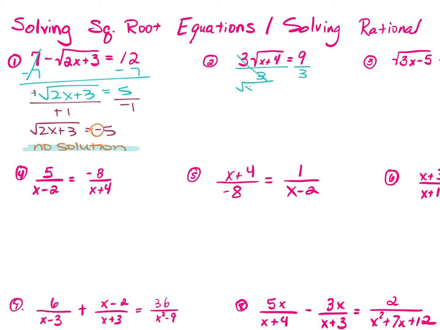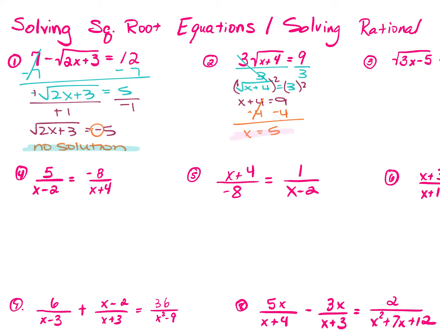This gives you the square root of x plus 4 is equal to positive 3. You're equal to a positive number, so you can keep going. Square both sides. So this gives us x plus 4 is equal to 9. Now just solve for x. Move your 4 over by subtracting it from each side. And this gives us x is equal to 5.